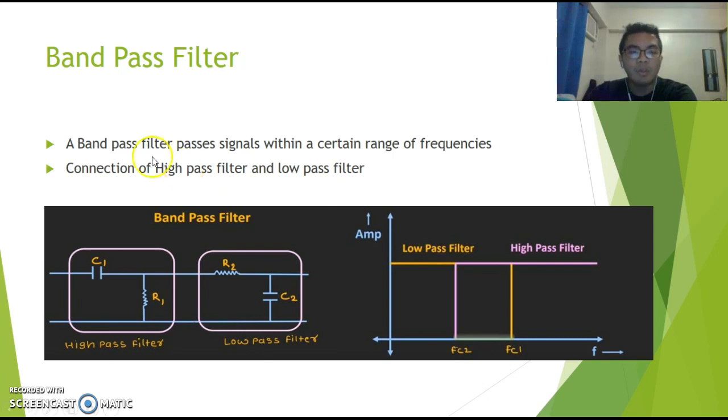Moving on, band-pass filter. A band-pass filter passes signals within a certain range of frequencies. So how do we achieve that kind of response to the signals? We can achieve that by cascading or connecting the high-pass filter and the low-pass filter.